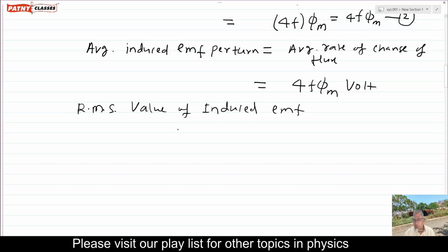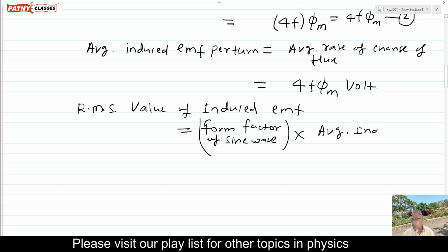RMS value of induced EMF equals what? RMS value of induced EMF equals the form factor of the sine wave multiplied by the average induced EMF per turn. The form factor for the sine wave is nothing but 1.11, and the average value of induced EMF is nothing but 4f phi m.